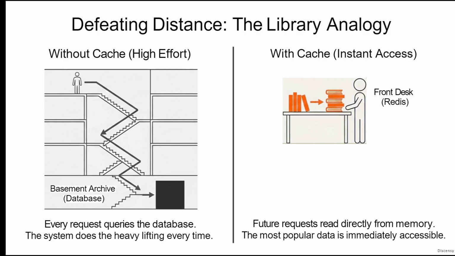So it's much easier when the popular books or the required books are available on the table, and it lets the librarian pick them up directly and easily. So future requests read directly from memory. The most popular data is immediately accessible in that way.